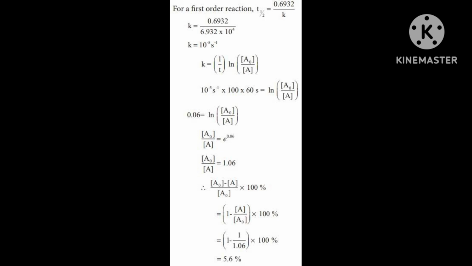Correct? And at any time, PA is the pressure of gas A, the reactant A, at any time. Now you have calculated PA, the pressure of N2O5, that is 0.476.